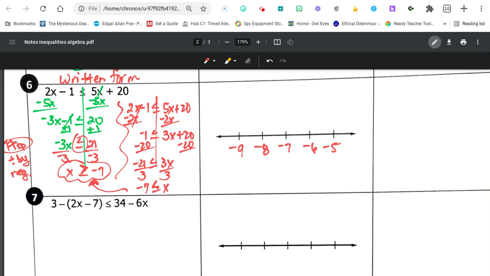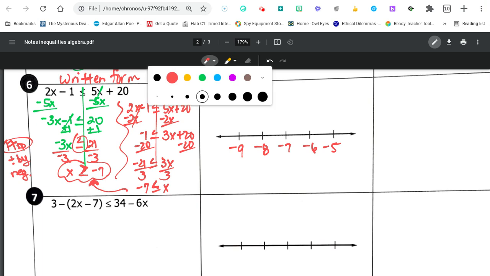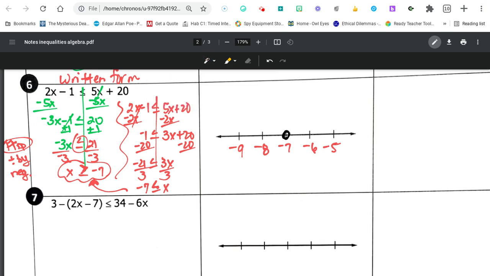All right, but in any case, we're graphing the same expression. Closed circle on -7. I like for my variable to be first. Everything greater than -7 is to the right, or you can say this arrow end matches that inequality symbol.